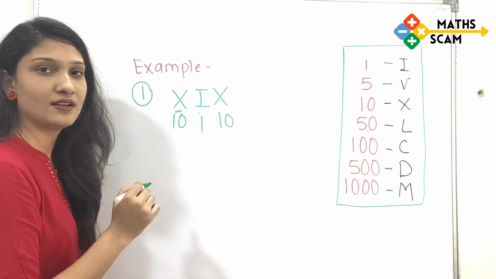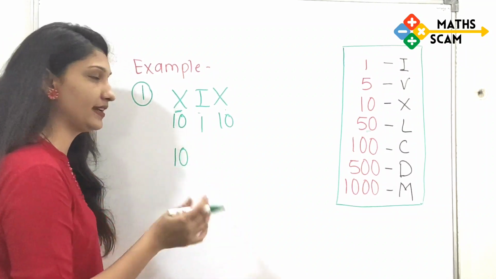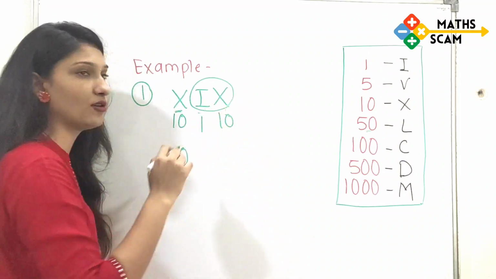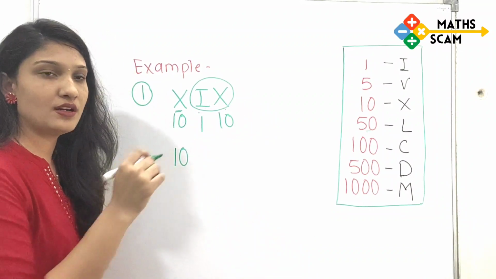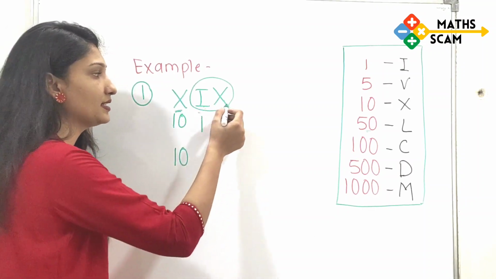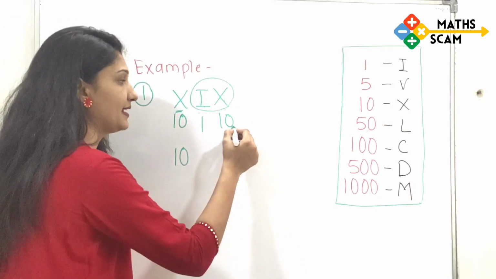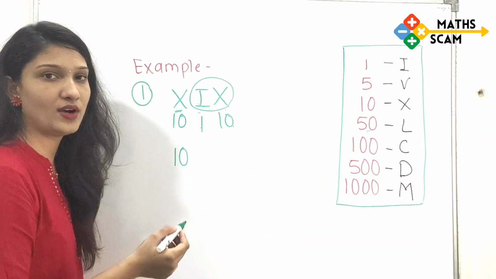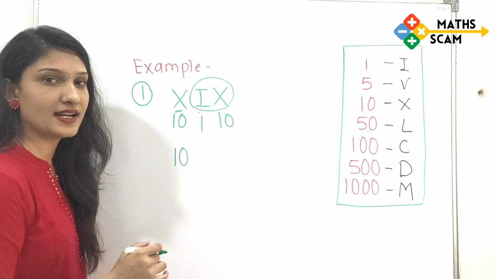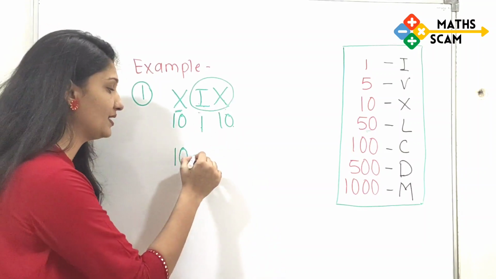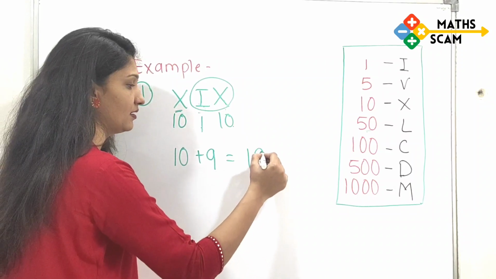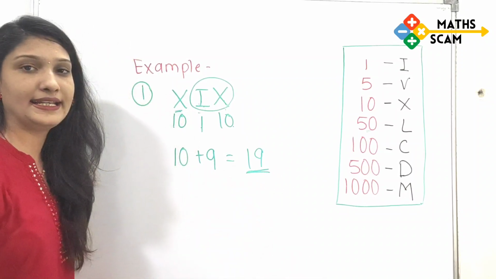First write 10. 10 will be as it is, but the I will always be subtracted from the next larger number. So X, then IX. X is 10 and I is 1. So it comes before the larger number. So 10 minus 1, 9. So 10 plus 9. So the Roman number is 19.